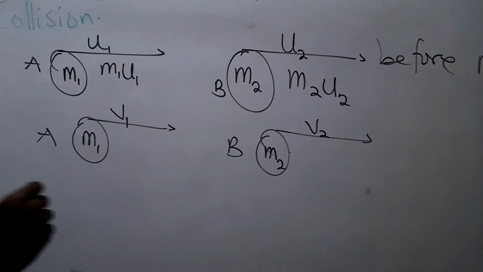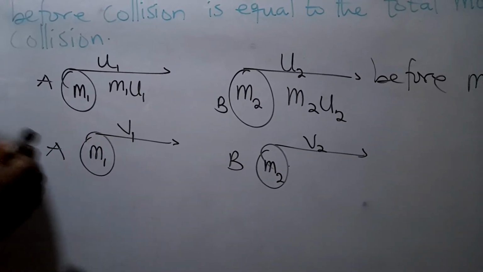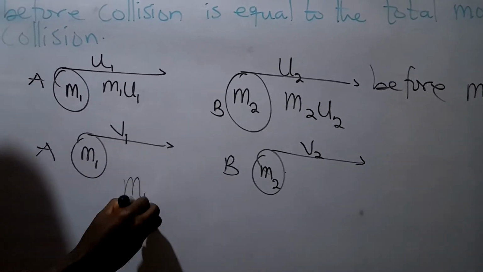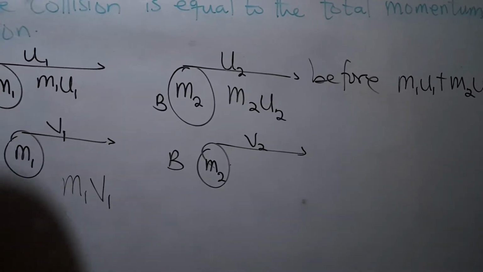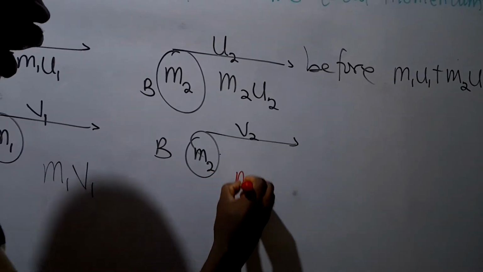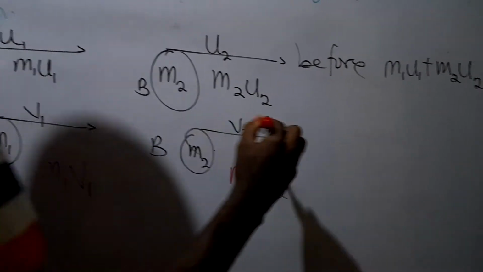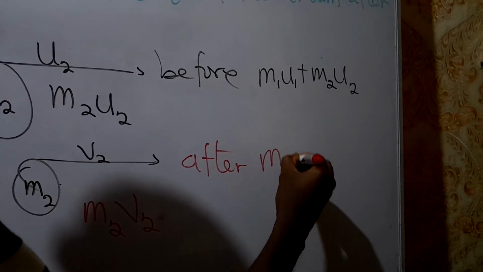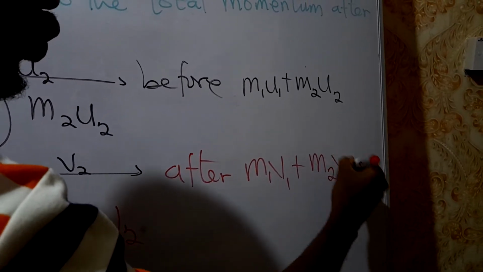Now, after collision, car A moves at this speed, so its momentum after collision will be m1 v1, and that of B will be m2 v2. Then after collision, the total momentum will be m1 v1 plus m2 v2.